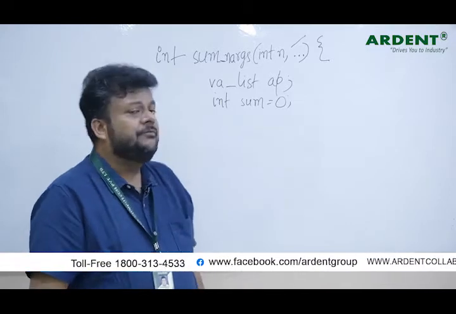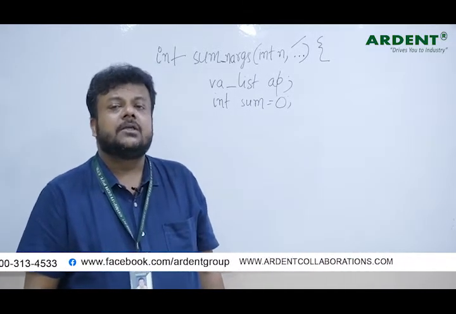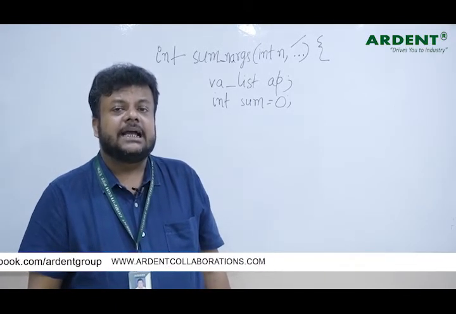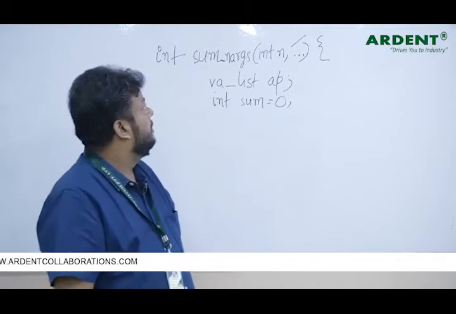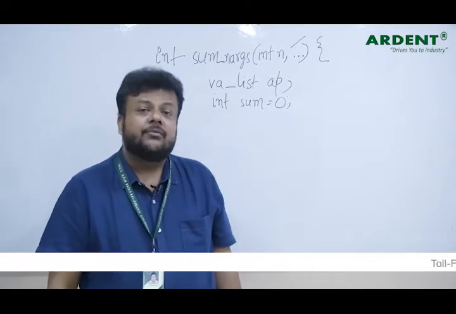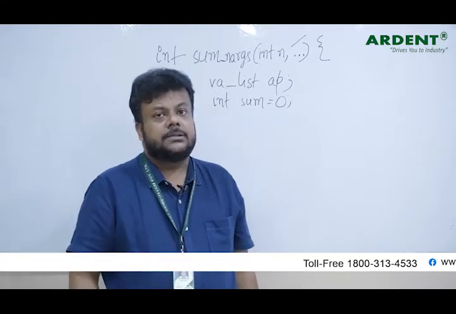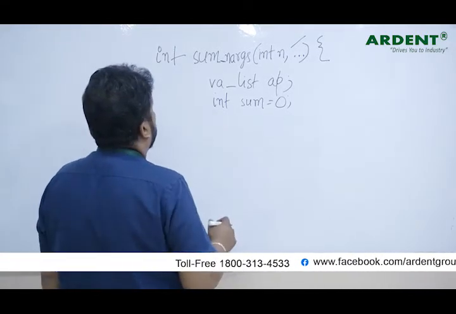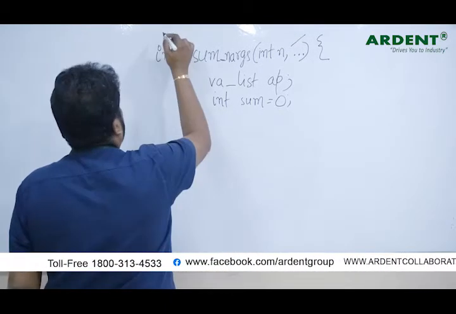For example, if we call the function sum_nargs with a named argument 4, then it means that we have 4 unnamed arguments. Or if we call sum_nargs with the named argument 3, then we have 3 unnamed arguments.